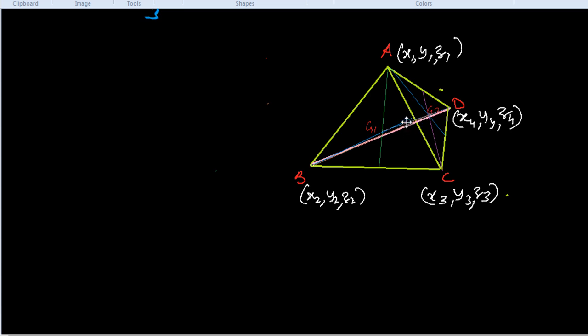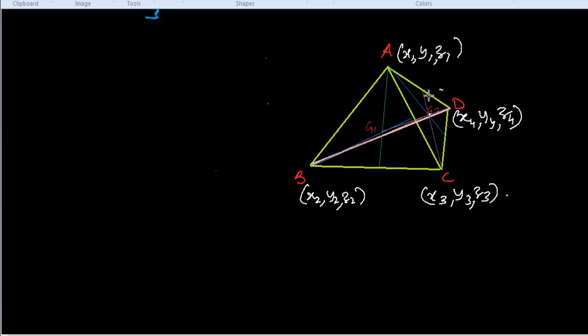So in space, these two lines from the vertices to the centroids meet at a point called the centroid of the tetrahedron. So that we have to find out.